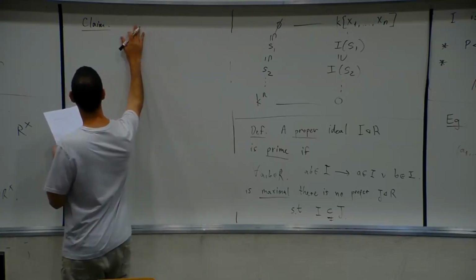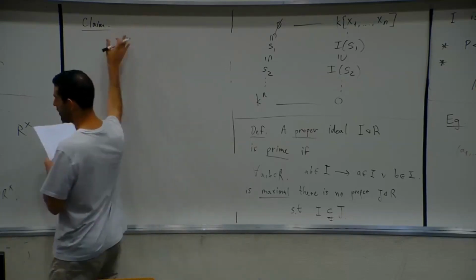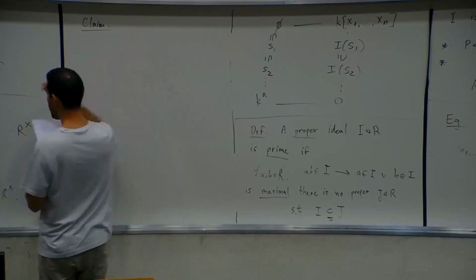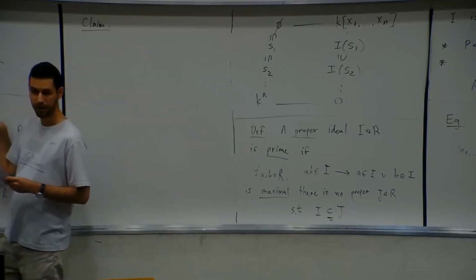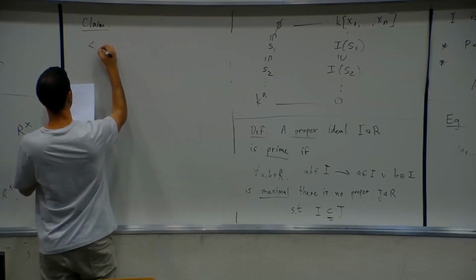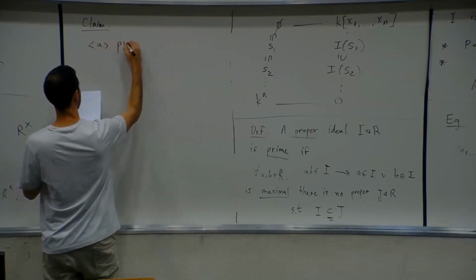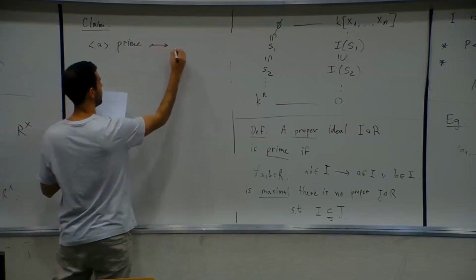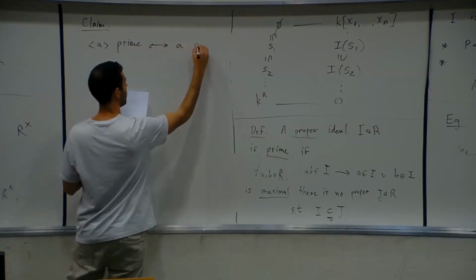So in abstract algebra, you usually prove that again R an integral domain and a a non-zero element, then the ideal generated by a is prime if and only if a is prime.